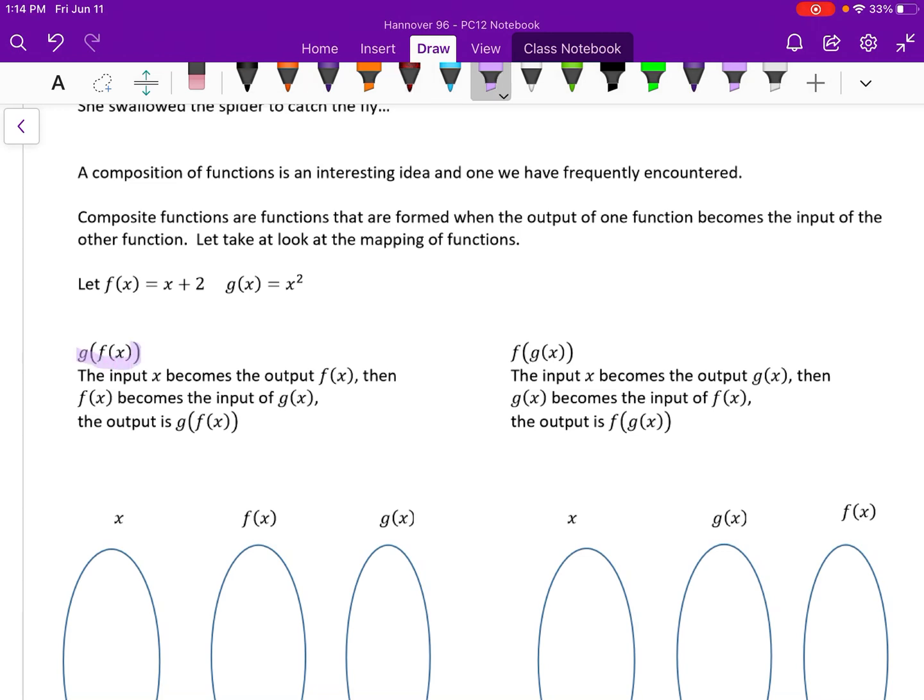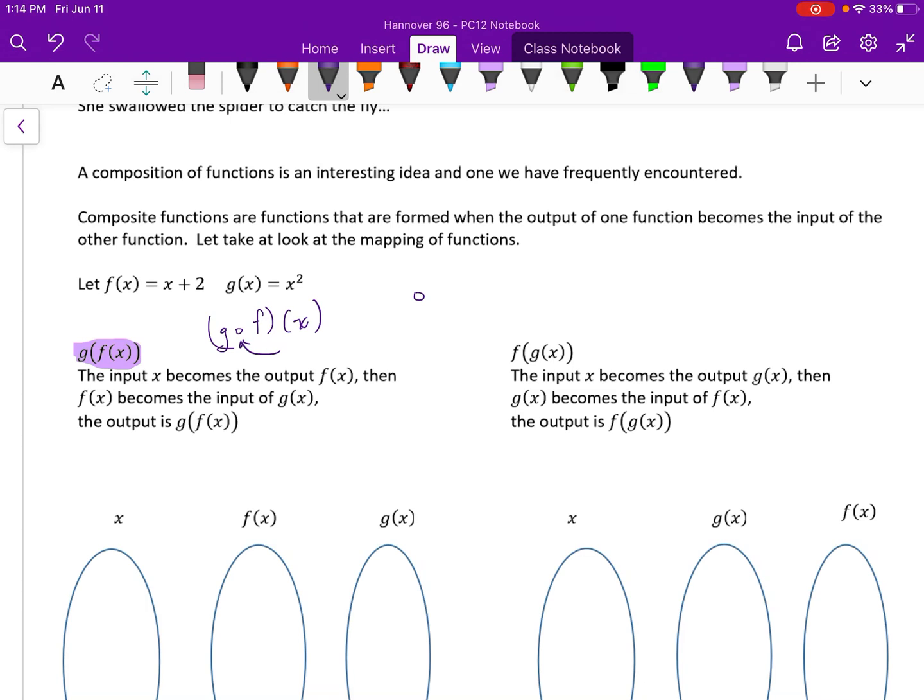So when I'm taking a look at g of f of x, often this is called g composed of f of x. Now maybe there's a little circle there. It's not an O, it is almost like a degree symbol suspended between the letters. But g composed of f of x is really the g of f of x.